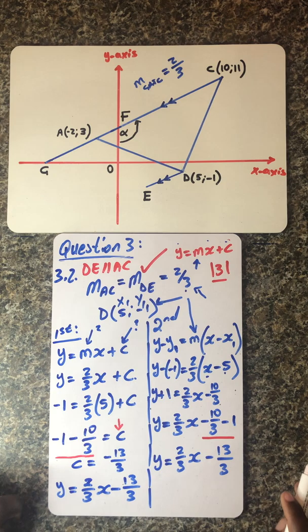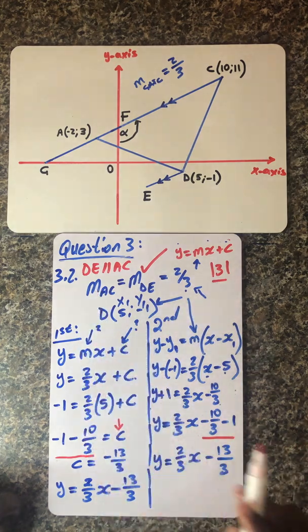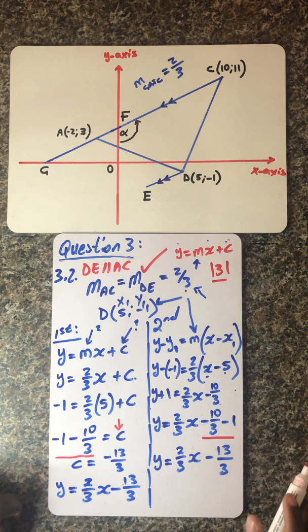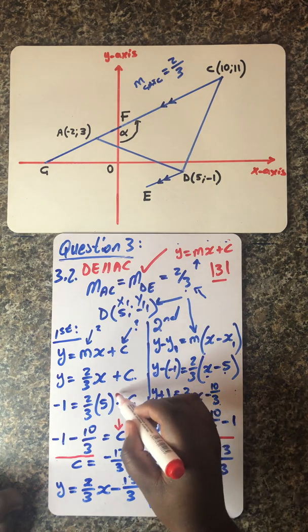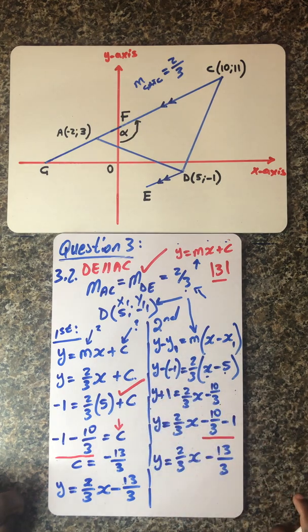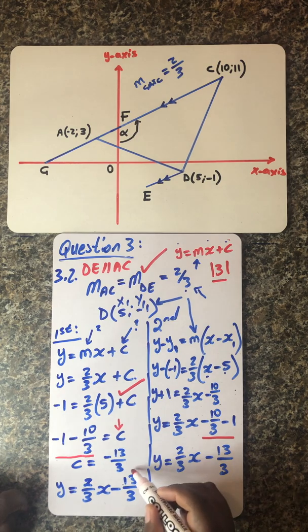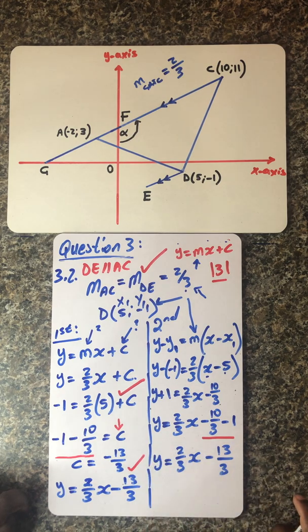The other mark, most importantly, if you've done it using the first method, we give you for correct substitution. This is where you correctly substituted everything. From there, ladies and gentlemen, we just give you a mark for your final answer.